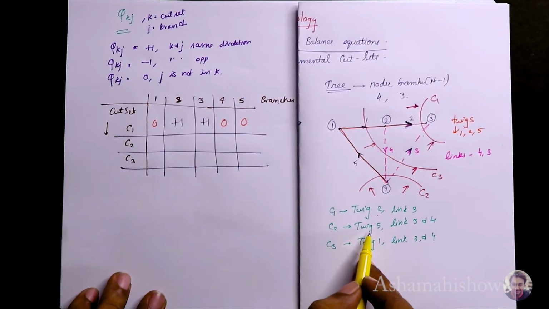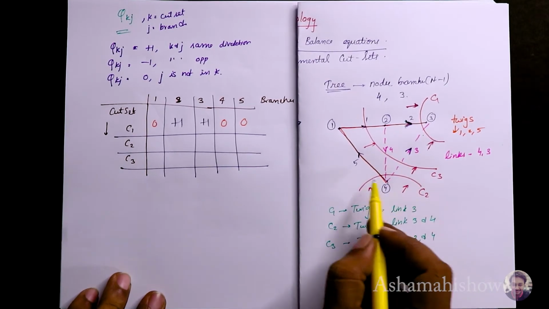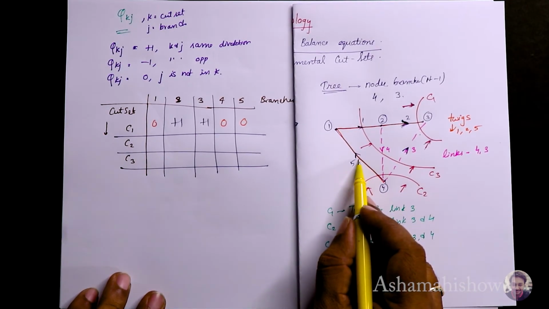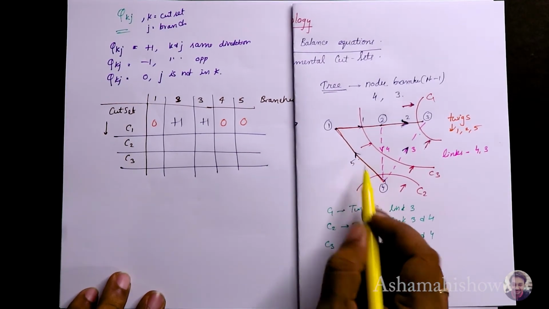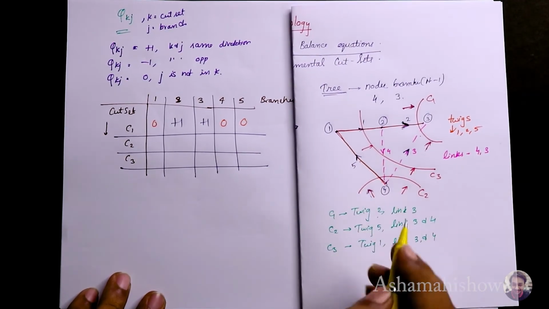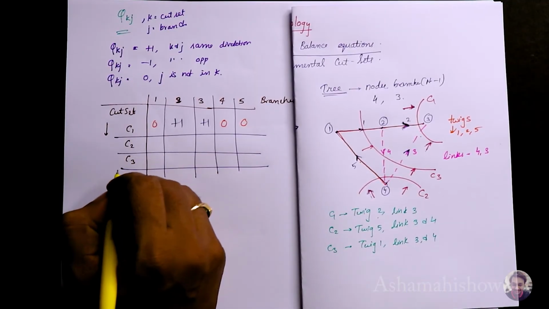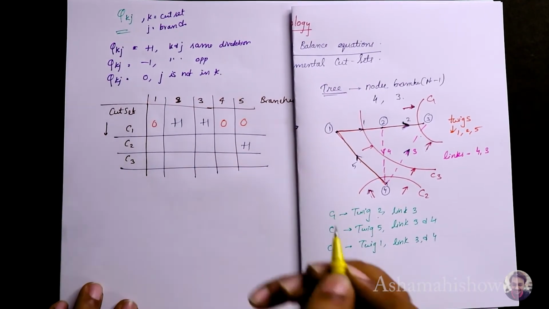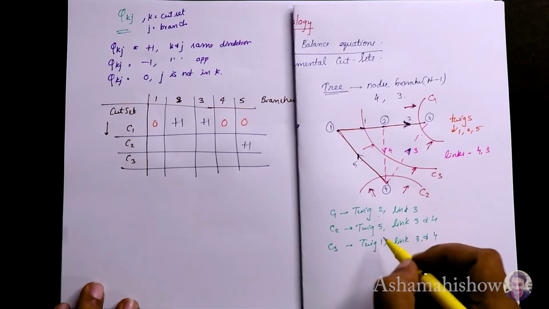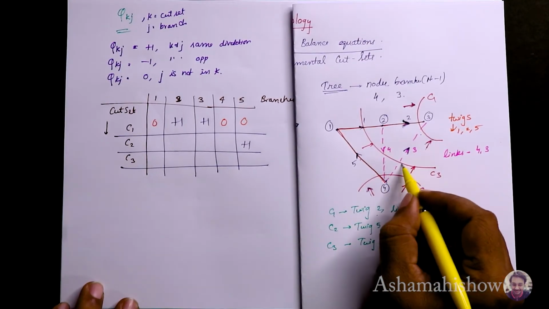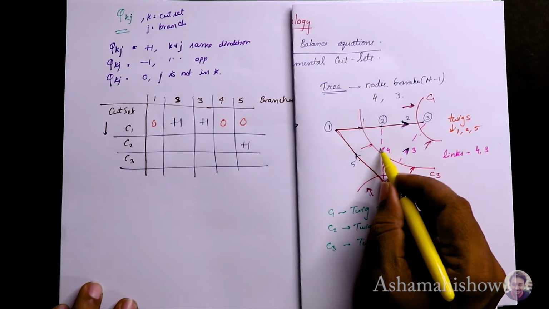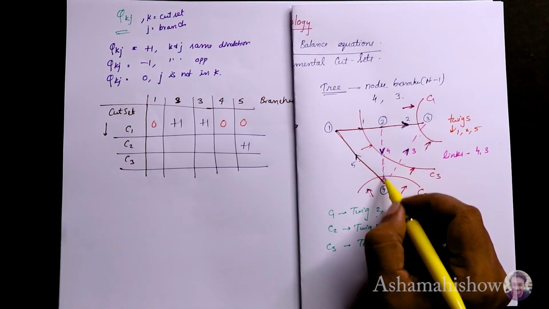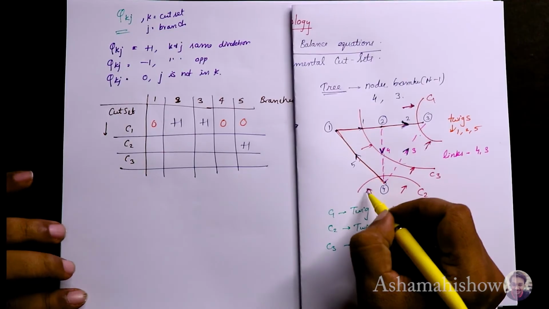Now for C2. Twig 5 is linked, a direct link. Branch 5 is going outward and C2 is also going outward, so both are taken as plus 1. Now link 3 and 4 are also linked. Take the fourth branch: its direction is coming inward, but the cut set direction is going outward.